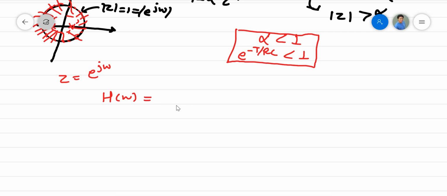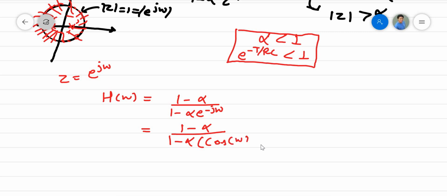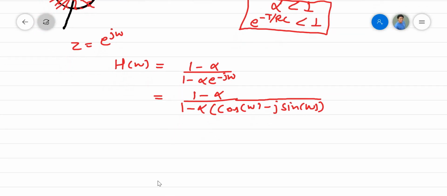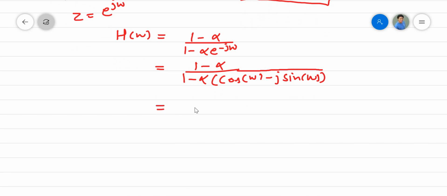Then H omega will be equal to 1 minus alpha over 1 minus alpha e to the power minus j omega, and that can be written as 1 minus alpha over 1 minus alpha cos omega minus j sine omega. We can write it like this, and then this equation can be further solved: 1 minus alpha over 1 minus alpha cos of omega plus alpha j sine omega.